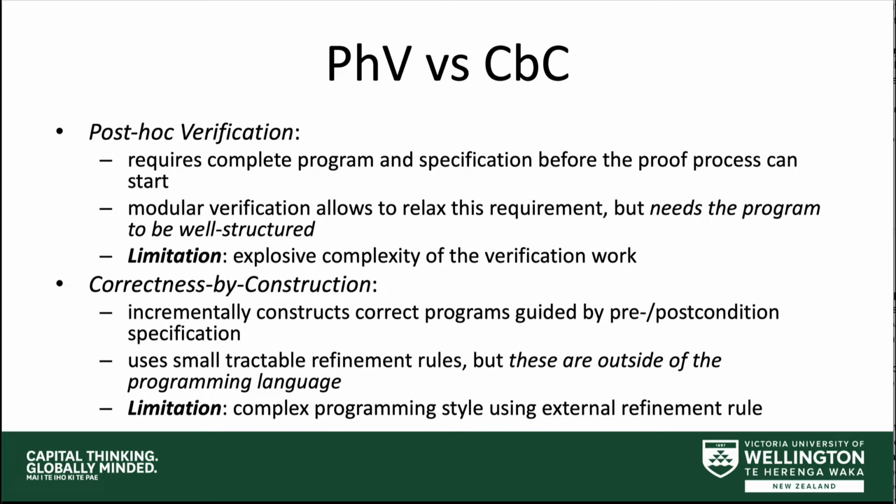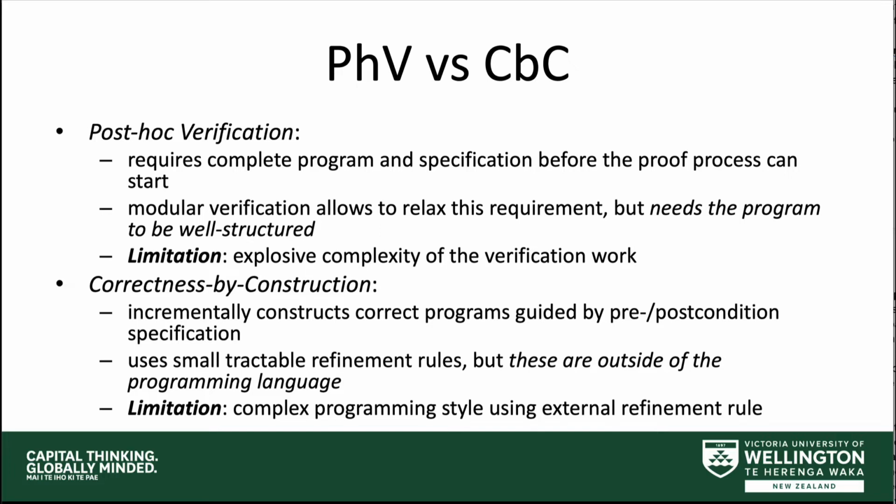And then the second strawman, again, for the sake of example, I'll talk about is the well-established in this group ideas of correctness by construction, refinement calculus, and other work, where the idea is to move towards more incremental steps of constructing a program while maintaining the correctness that you start off with by providing the specification.